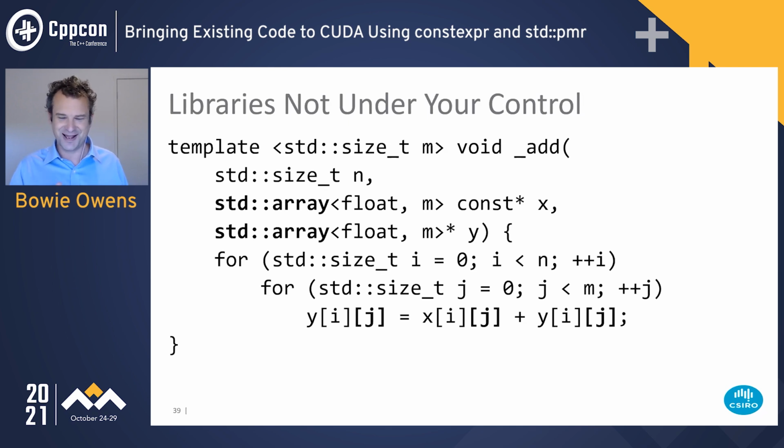Now, Dennis has asked some questions about that. CUDA comes with a substantial fraction of the standard library that you can make use of. NVIDIA also provides a library they call Thrust, which provides a number of useful features.